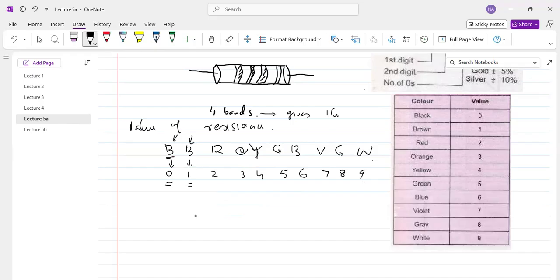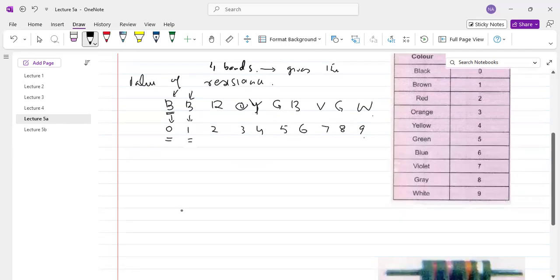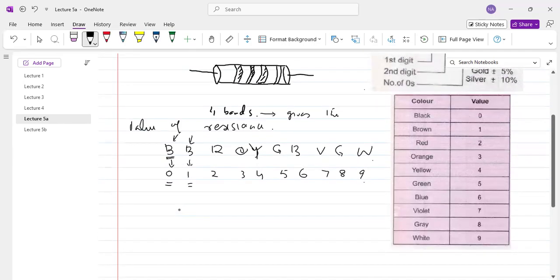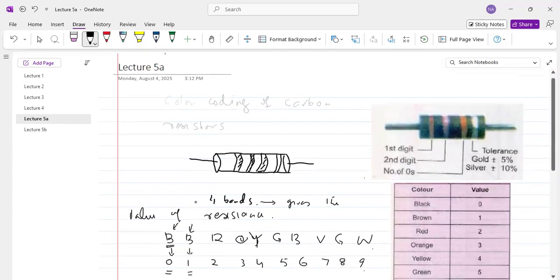But how can the value of resistance be calculated with this? We have an example. First of all, here is a picture from your book. Whenever you want to calculate the resistance from the color bands, you should write the first digit from the first color band.